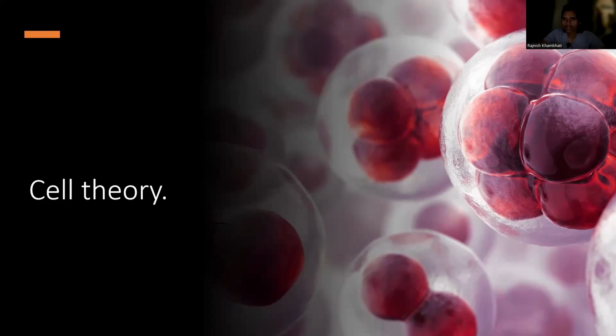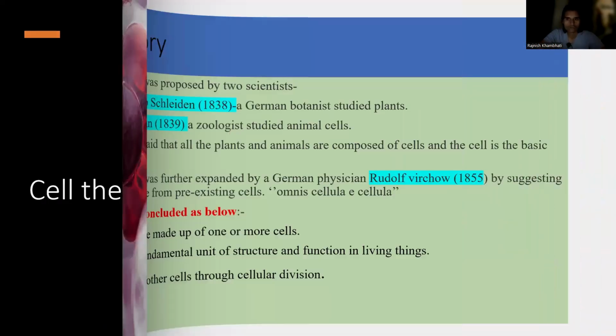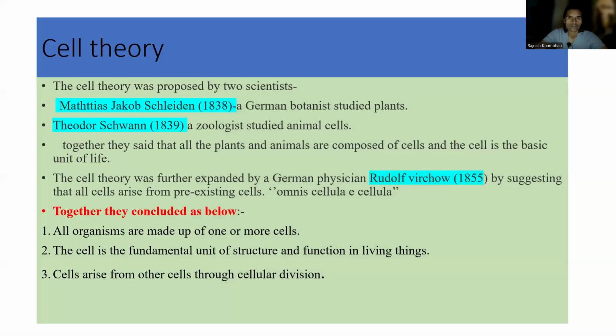The next point is cell theory. Cell theory was given by three scientists. It is just three sentences, actually two sentences at first, which are known as cell theory. Let's read this out and understand. The cell theory was proposed by two scientists at first.